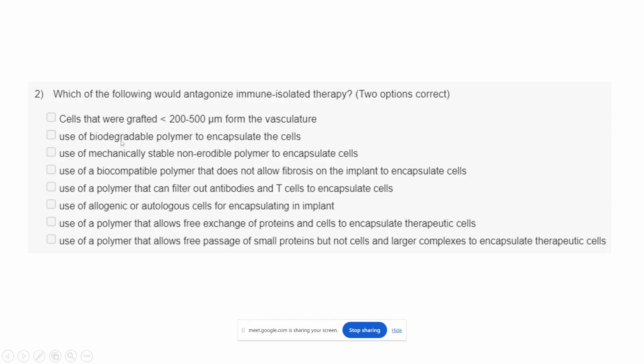If you use biodegradable polymer to encapsulate these cells, then it will degrade the cage basically, and your cells are free to move out, which basically is opposite to what we want in the immune isolated therapy. And also use of polymer that allows free exchange of proteins and cells. So along with proteins, your cells are also free to exchange. This is also defeating the purpose of immune isolated therapy. So both of these options will be the correct answer.